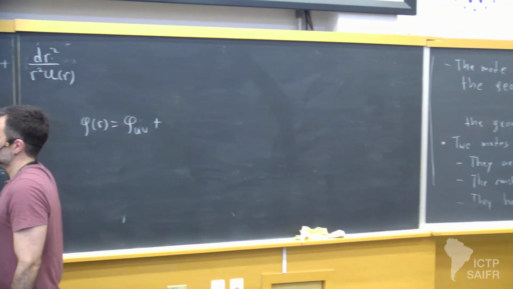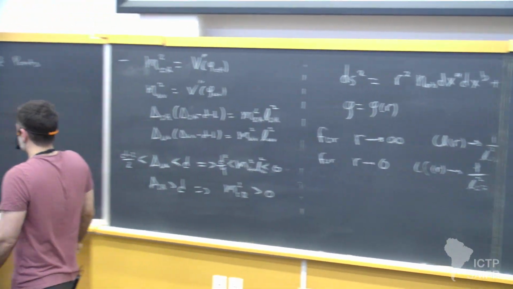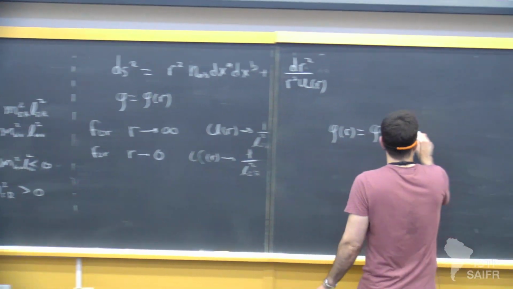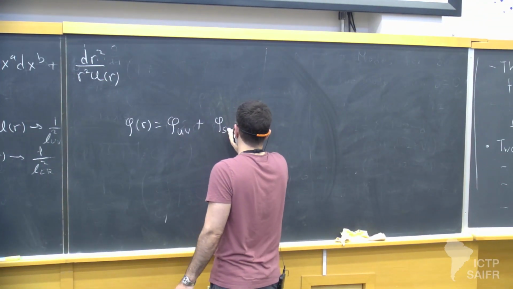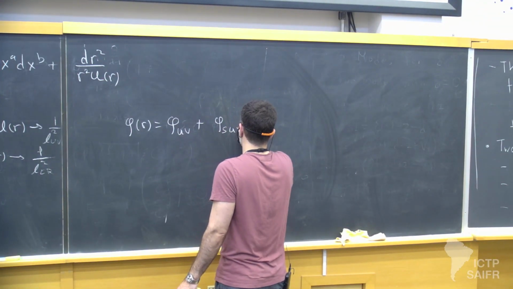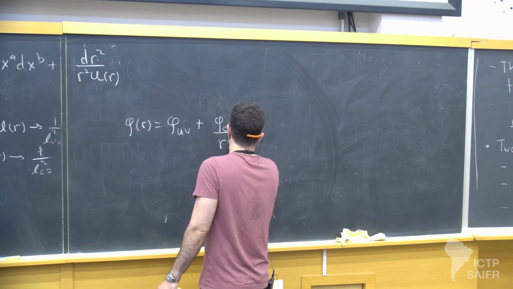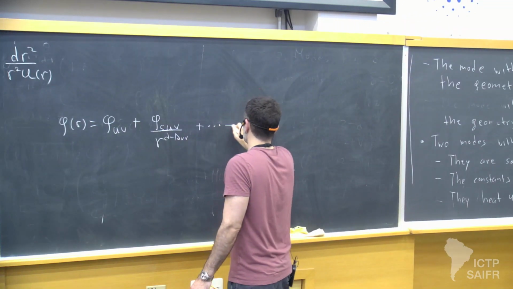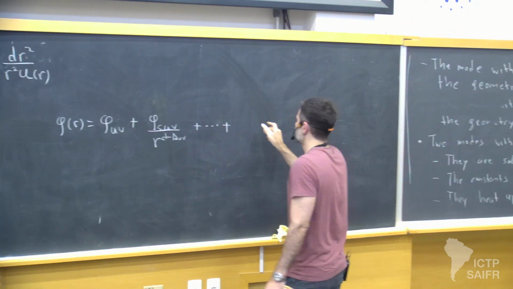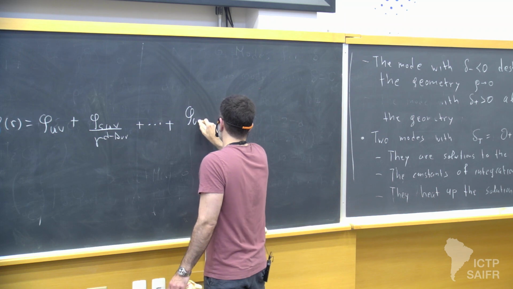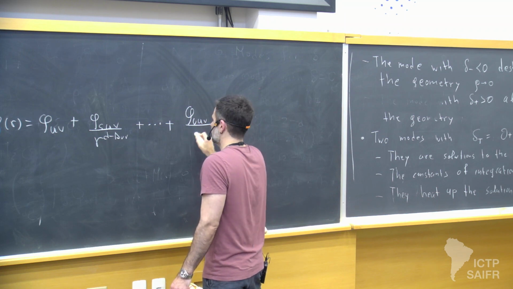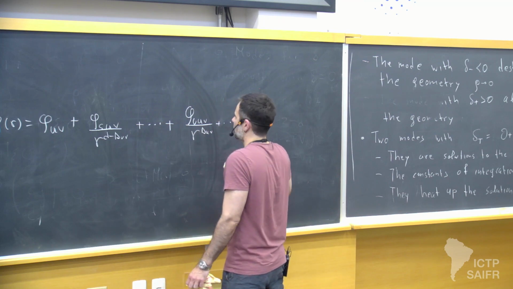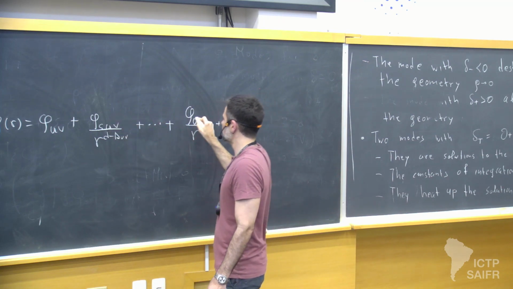There will be my two friends, the deformation and the vev of the scalar. So I should have the source of the scalar in the UV divided by R to the D minus delta UV, plus stuff that will be determined in terms of this constant times phi UV over R to the delta UV plus other stuff which is determined in terms of these two constants.